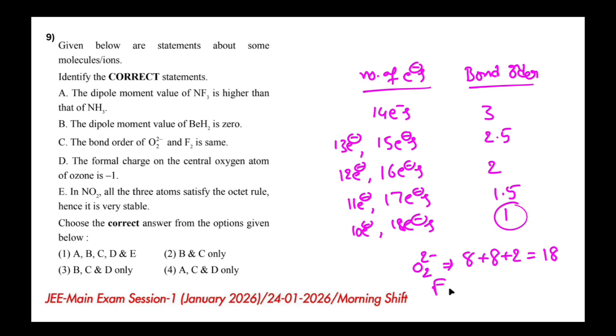Similarly, in the F2 molecule, each fluorine atom has 9 electrons, and there are 2 fluorine atoms, so 9 plus 9 is 18 electrons. So 18 electrons means bond order 1. So these two have the same bond order, so option C is also a correct representation. Options B and C are correct.